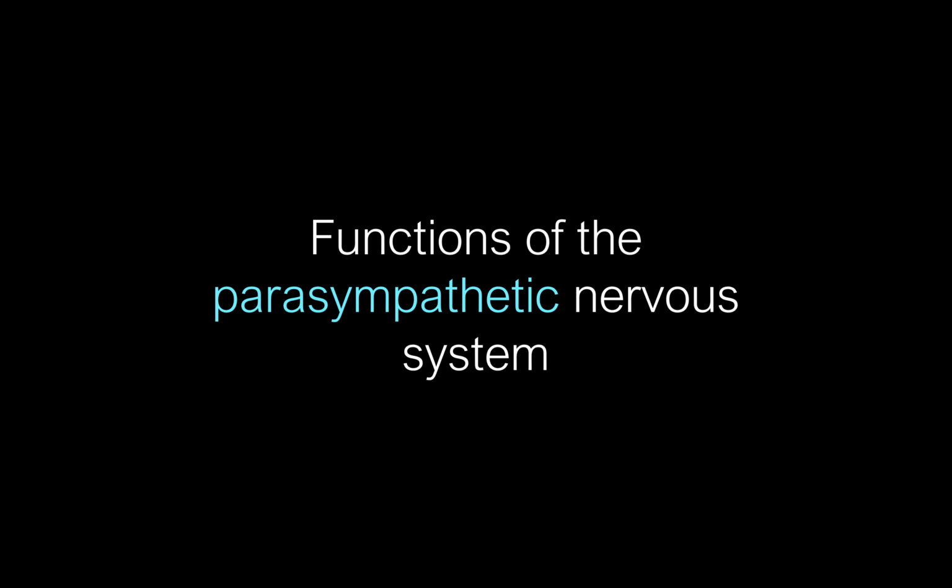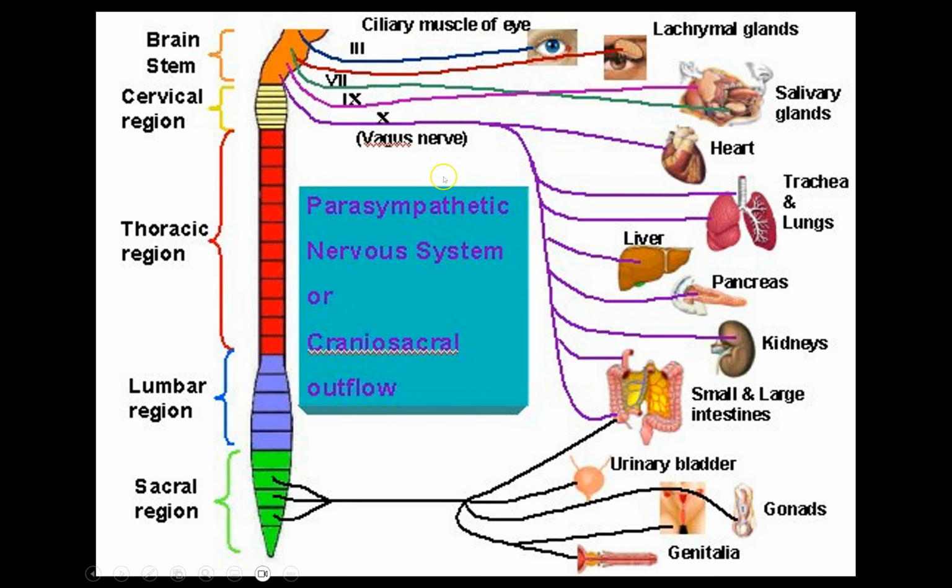The function of the parasympathetic nervous system: the third nerve produces constriction of the pupil. You are resting and digesting, so there is no need for the pupil to dilate. Through the seventh nerve you get secretions from the lacrimal gland and salivation, and through the glossopharyngeal nerve salivation.